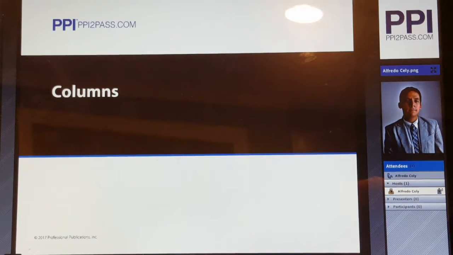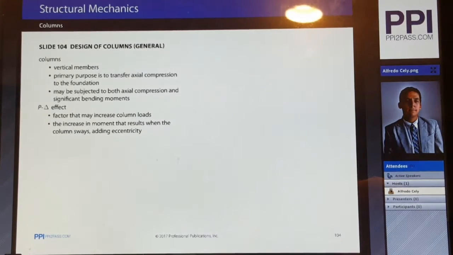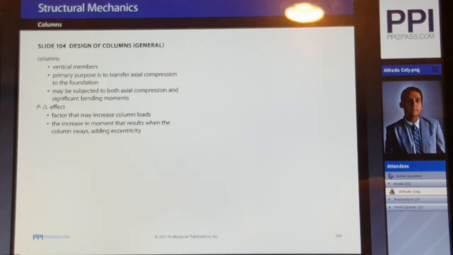Now we're going to move into the concept of the design of columns. In general, we'll cover some of these topics. Columns are vertical members. Columns are always going to be vertical members.